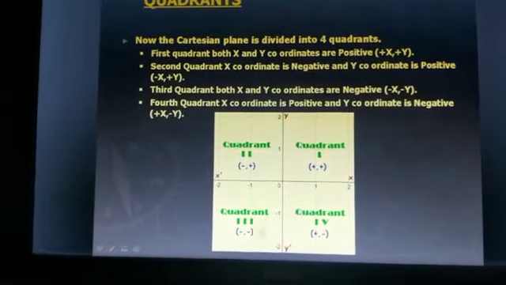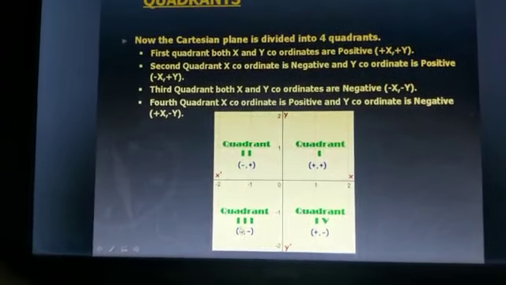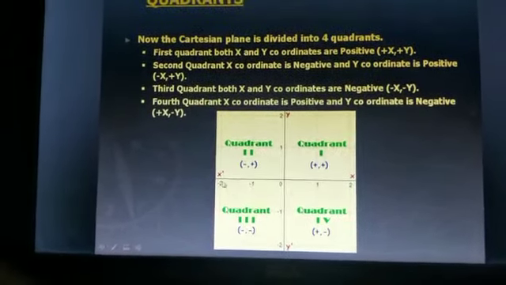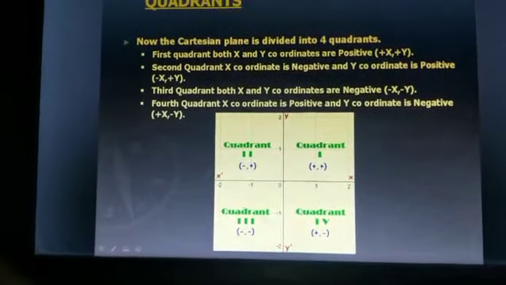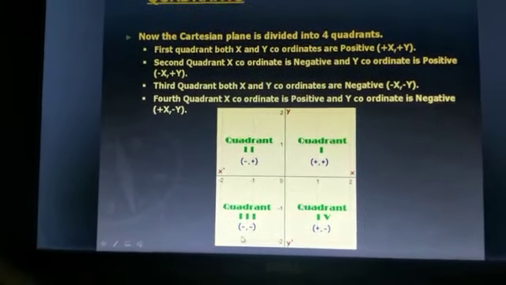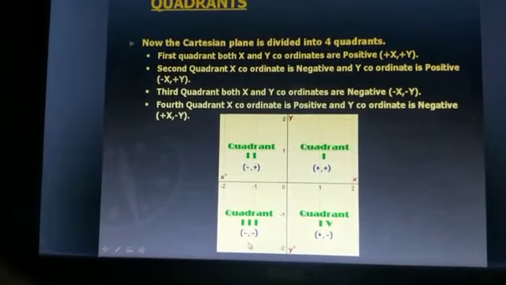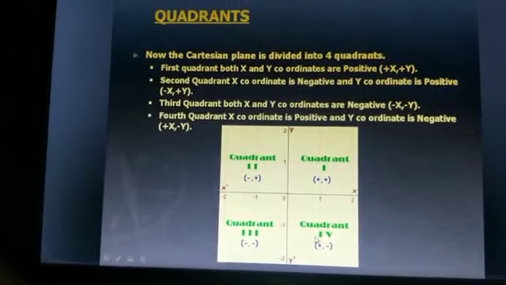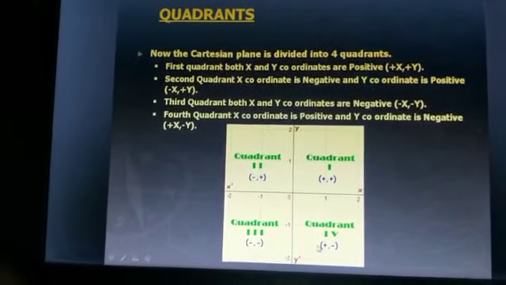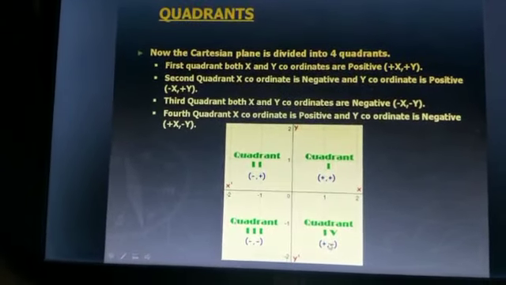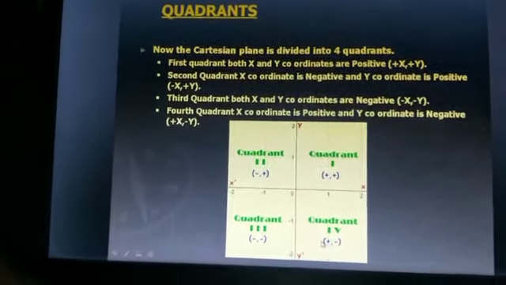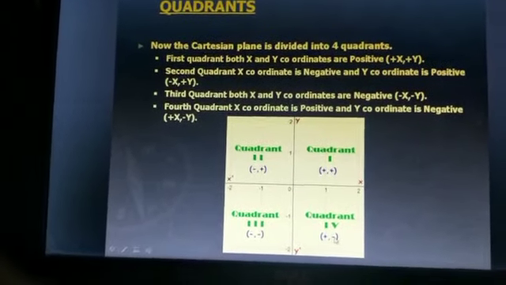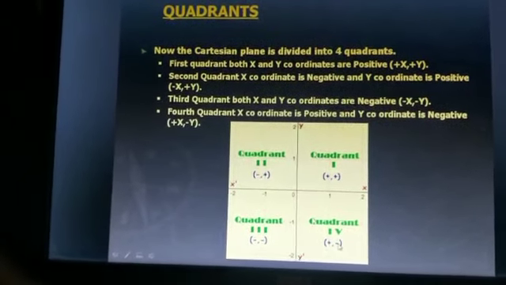Coming to the third quadrant, both the x and y axis numbers are negative, -1, -1. Hence in this quadrant all the numbers will be negative. Now coming to the fourth quadrant, the first number will be positive and the second number will be negative. The first number is the x coordinate and the second number is the y coordinate.